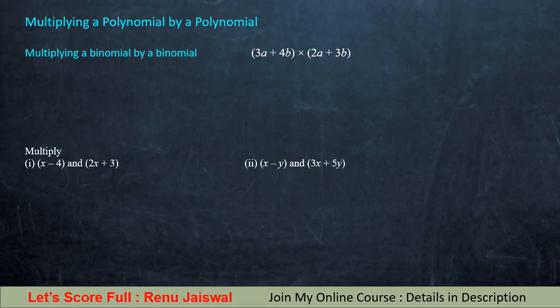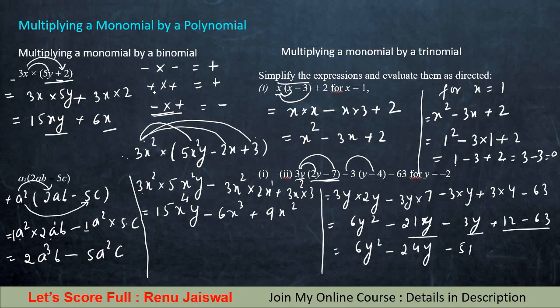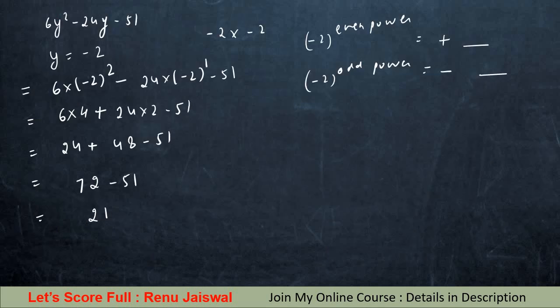We have learned the multiplication of a monomial with a binomial. How to do that? Let me explain here. Suppose I have 3x multiplied by 5x minus 3y. So multiplying a monomial with a binomial, we distribute it to both terms.